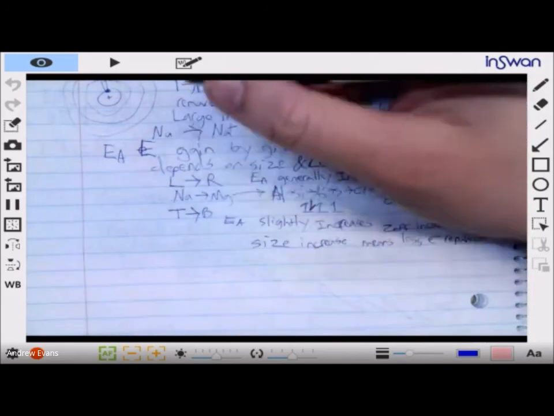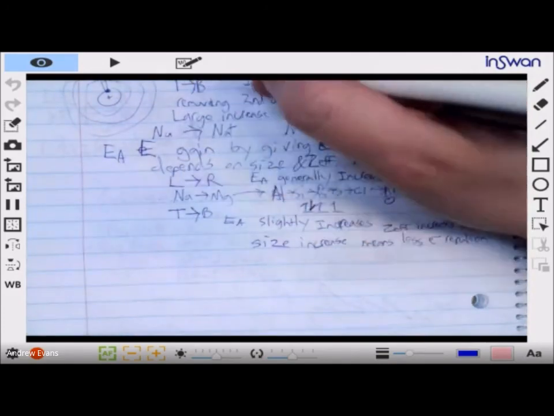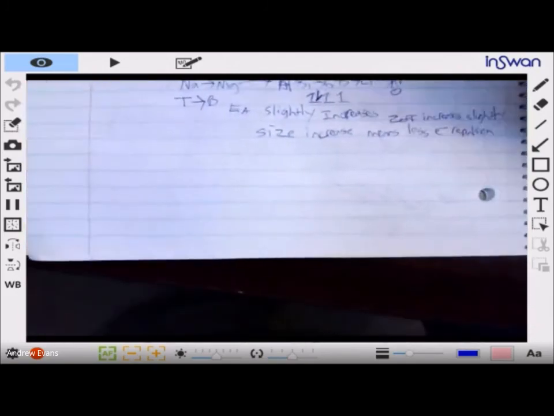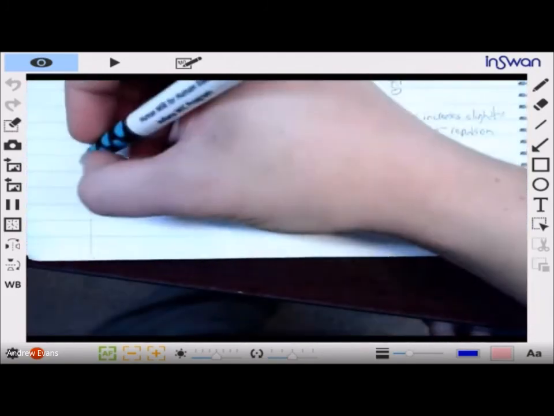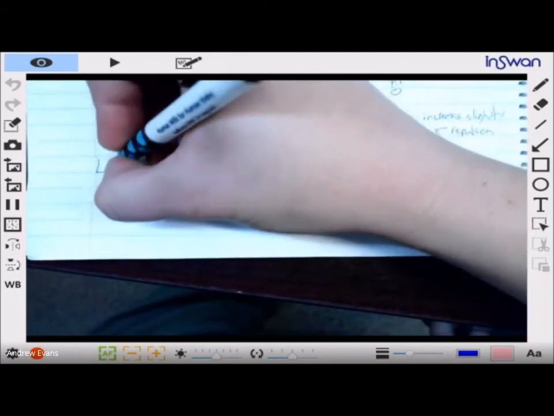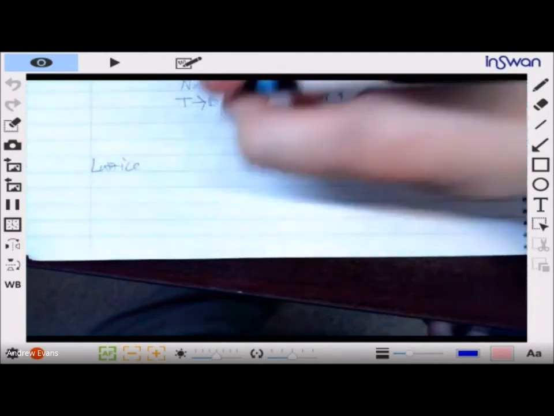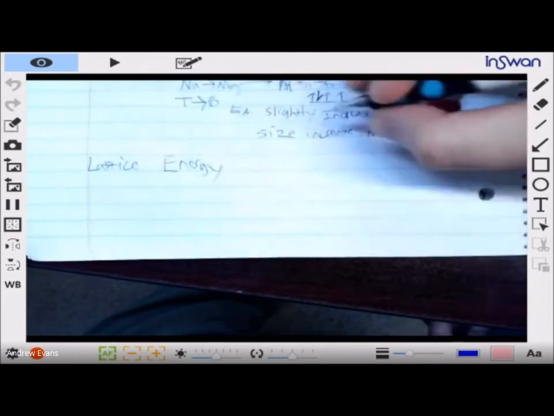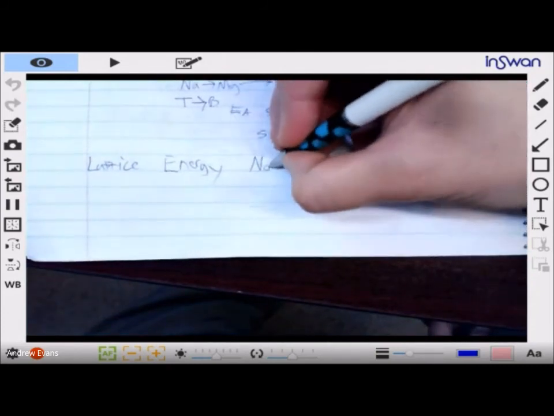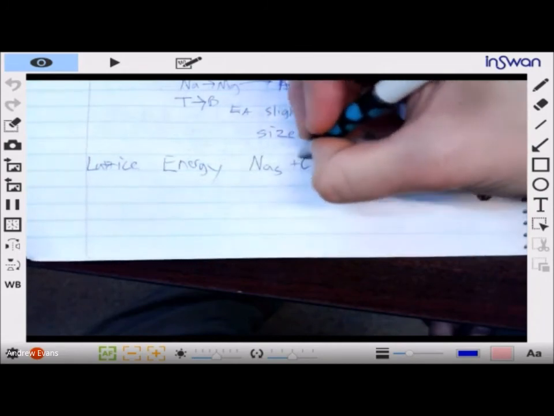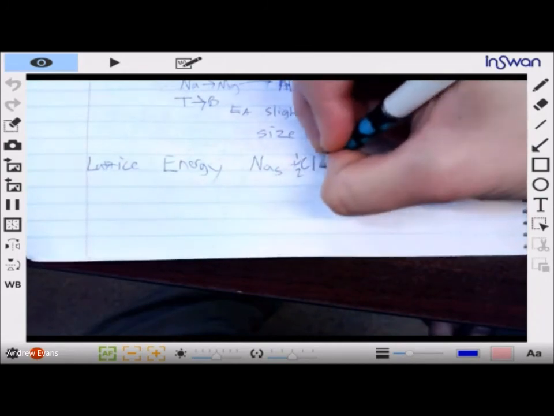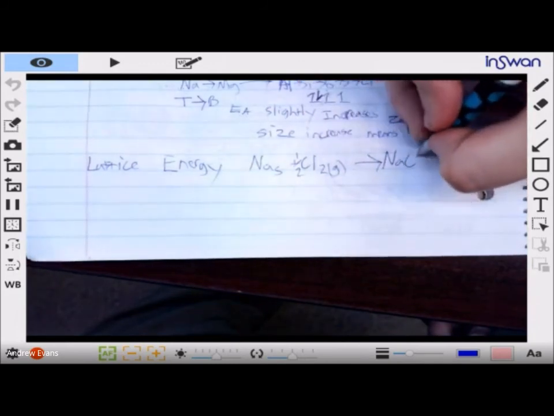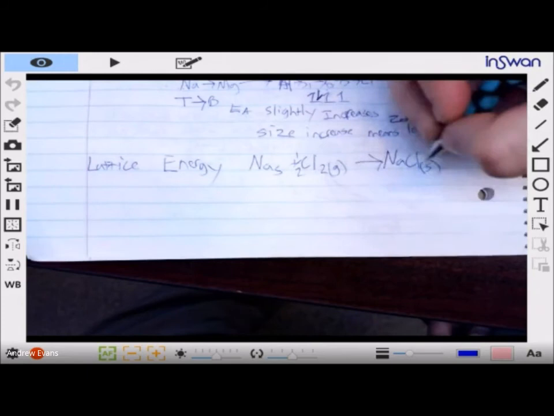Now, one more thing we can talk about, which isn't really a trend, is crystallization energy, the lattice energy, because if you put all these things together, if you try to calculate the energy to go from, say, sodium solid and chlorine gas to sodium chloride solid, what energy does it take to make this?